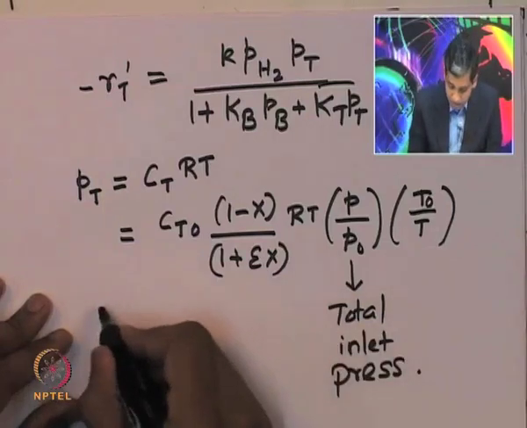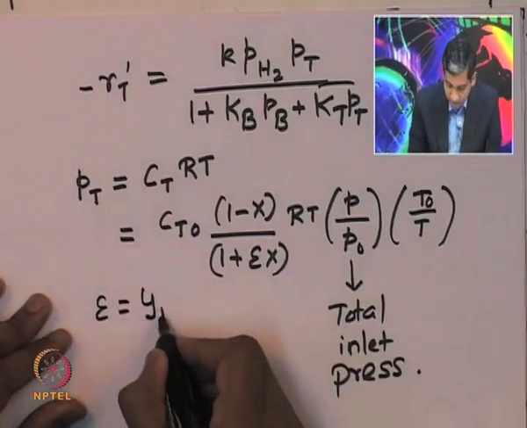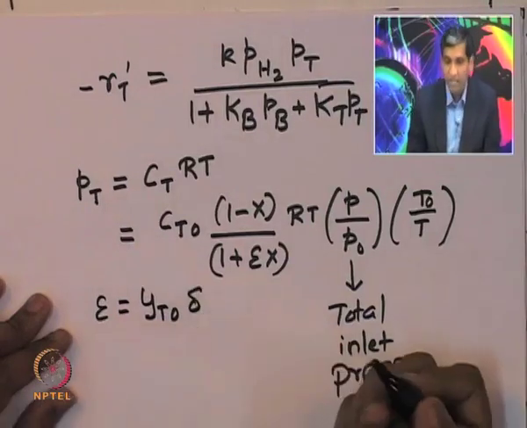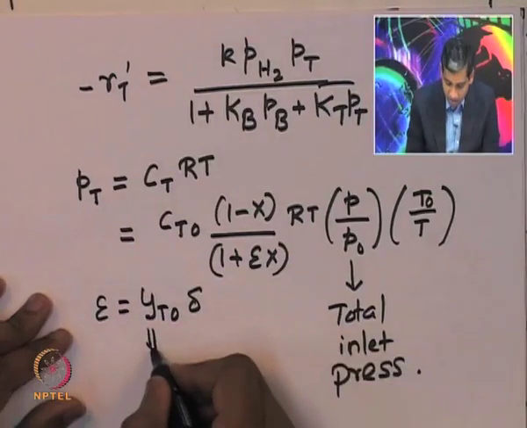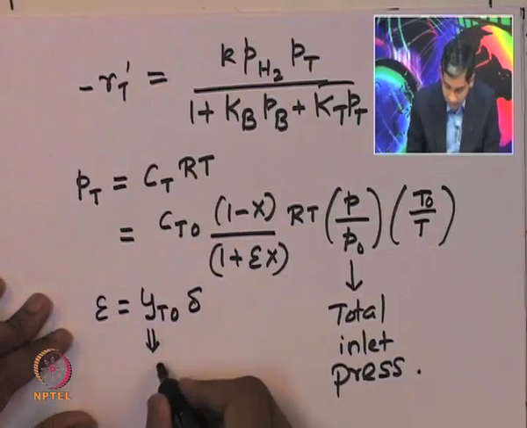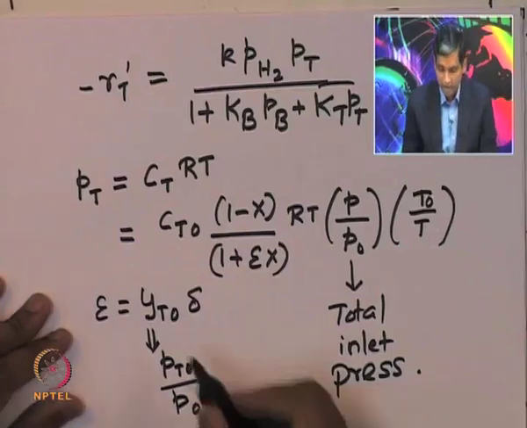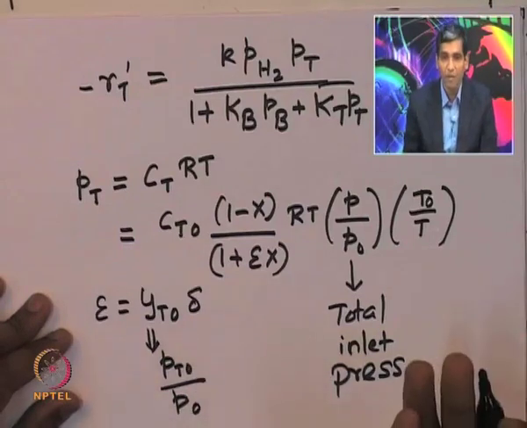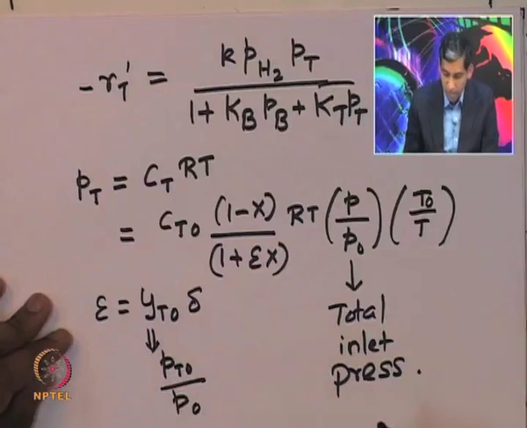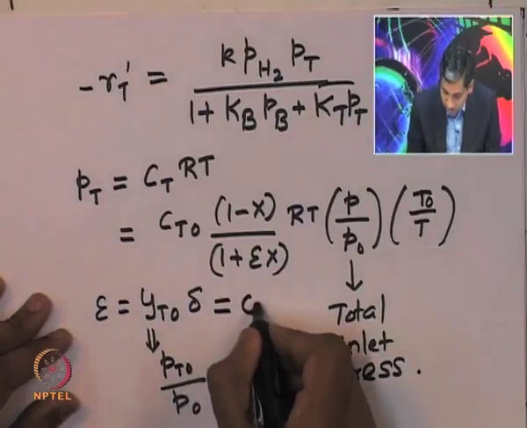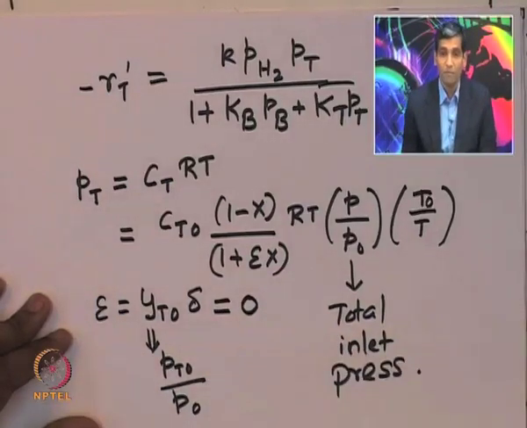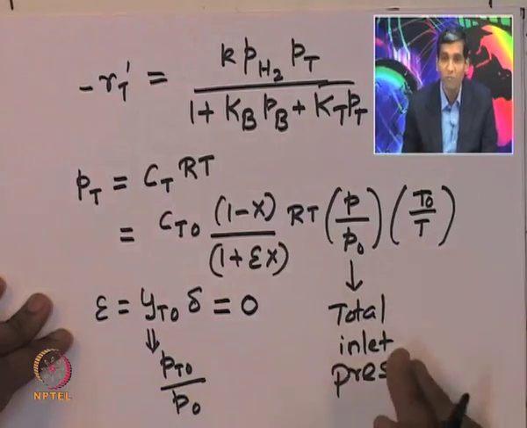and epsilon is given by y_T0 times delta, where y_T0 is the partial pressure of toluene at the inlet divided by the total pressure at the inlet, and delta is the change in the number of moles. Because in this particular reaction the change in the number of moles is 0, epsilon is equal to 0, which accounts for the change in the volume.